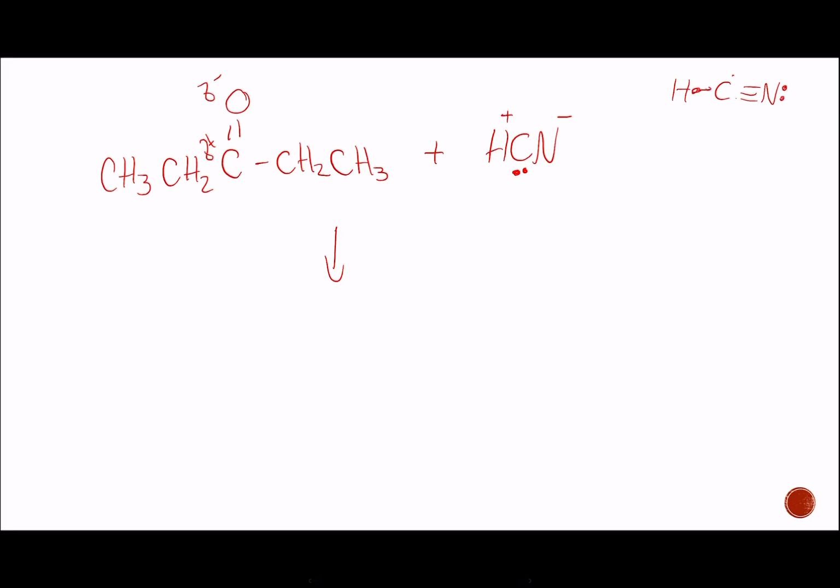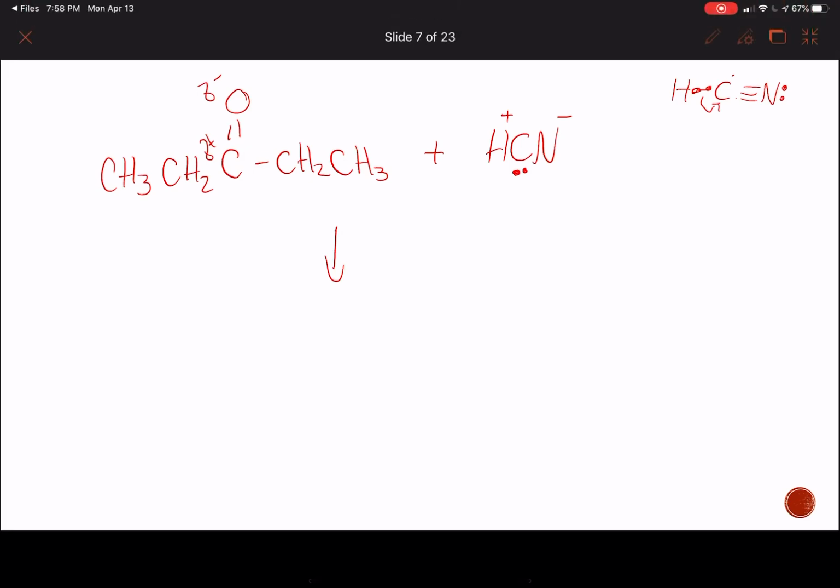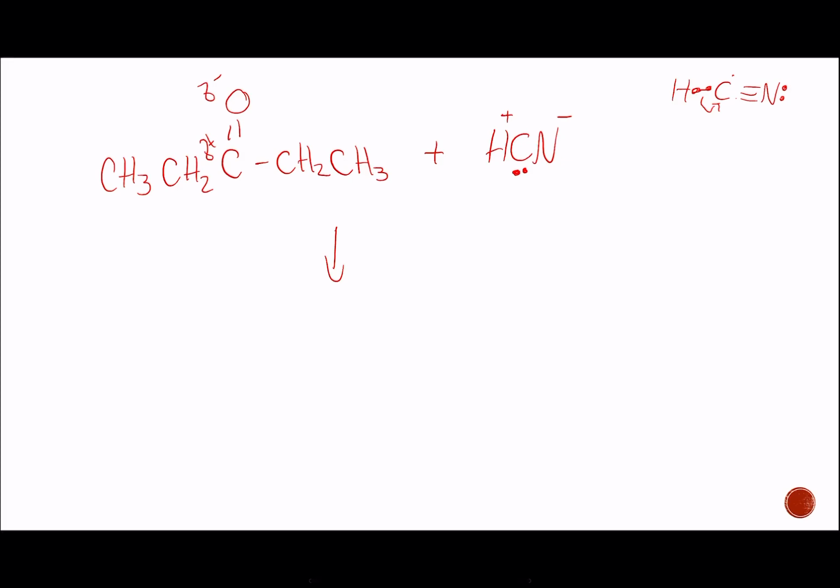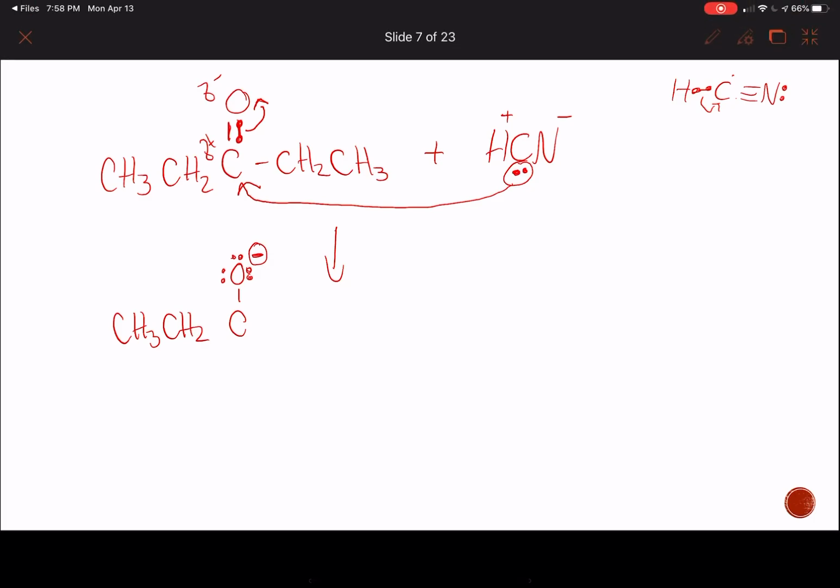Just recognize if you do so, you have to show this happening to give the 2 electrons to the carbon, and then you would have to show these 2 electrons. So this is where you begin. Go and grab this carbon. And at that point, the carbon will have 5 bonds, which is not okay. So the second bond for oxygen moves up, and you end up with the following as your intermediate. Your 2 new electrons plus all the valence electrons that oxygen had.